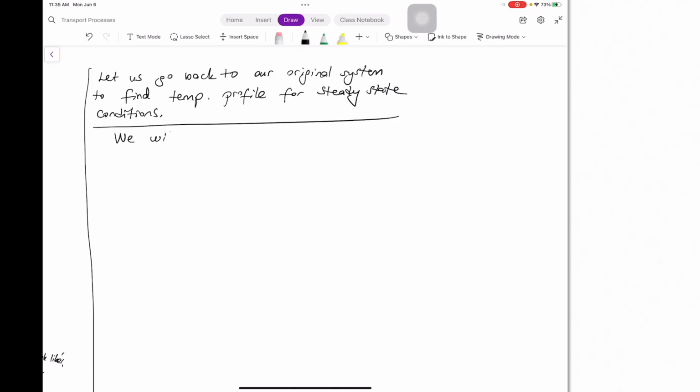We will learn how to do a shell balance.